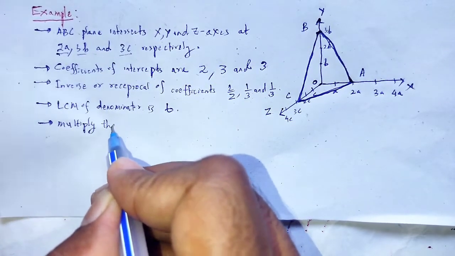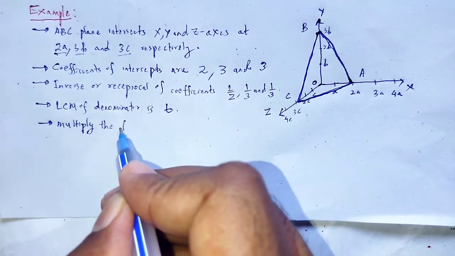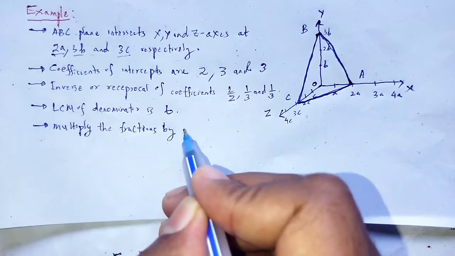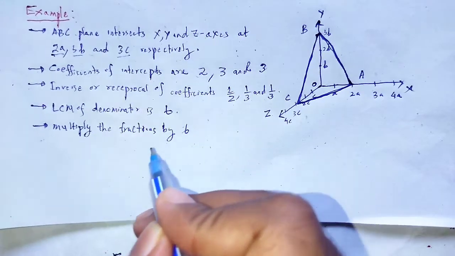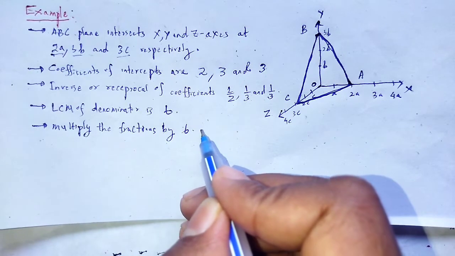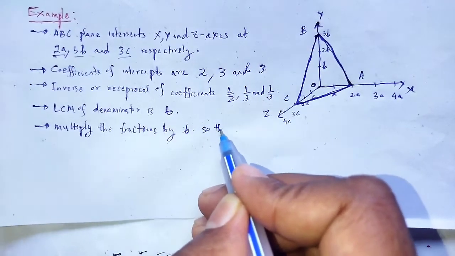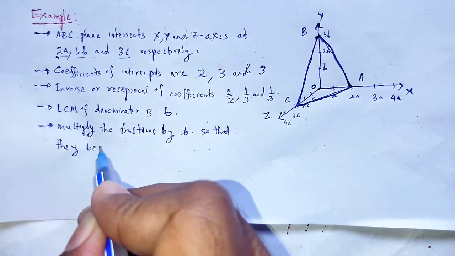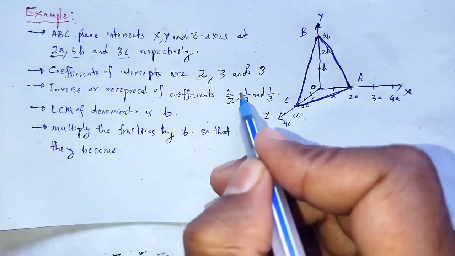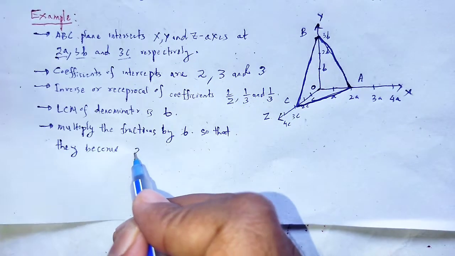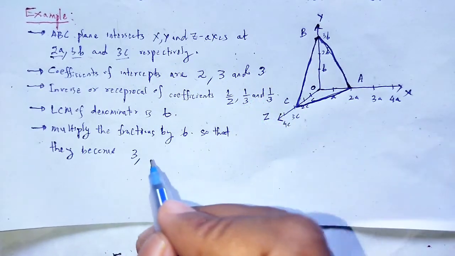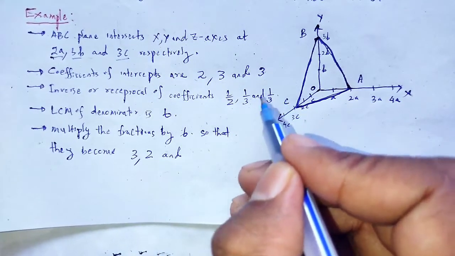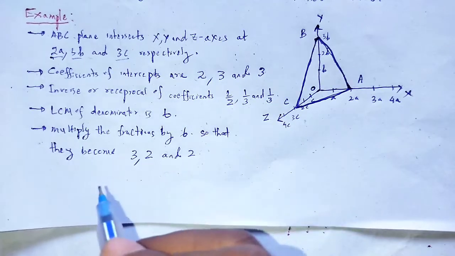Multiply the fractions by 6 so that they become integers: when 6 is multiplied by 1/2 it will be 3, 6 multiplied by 1/3 it will be 2, and again 6 multiplied by 1/3 it will be 2.